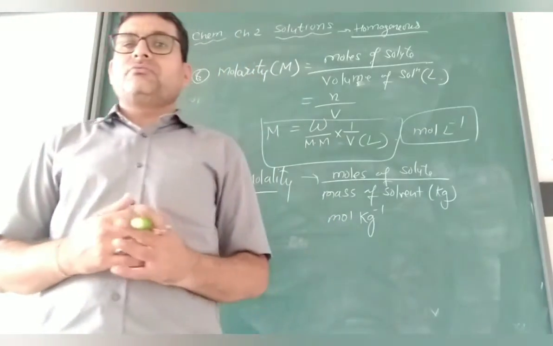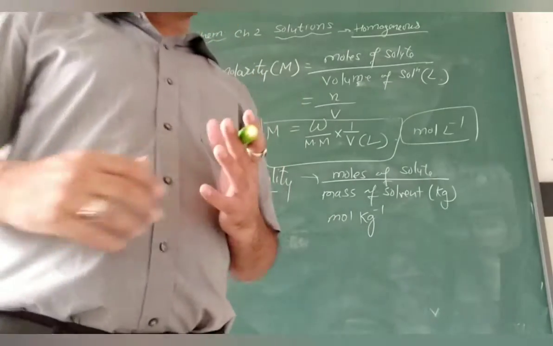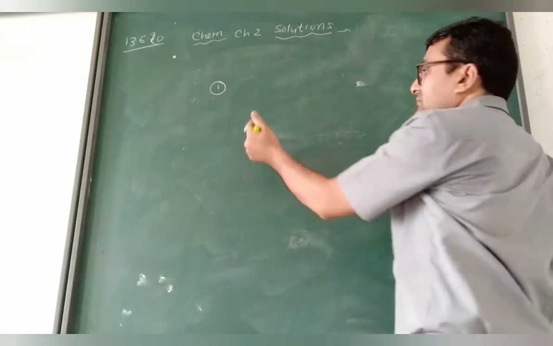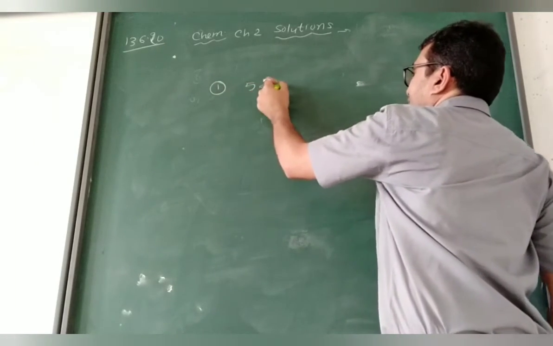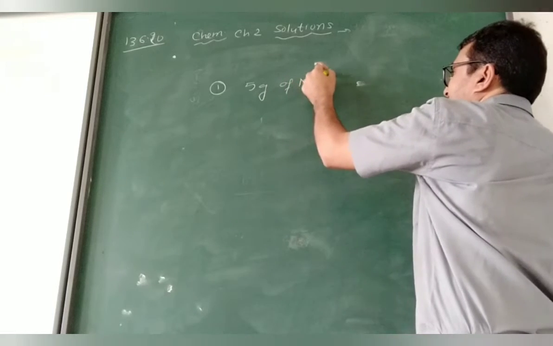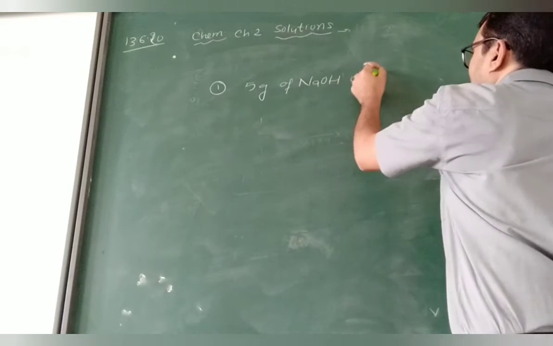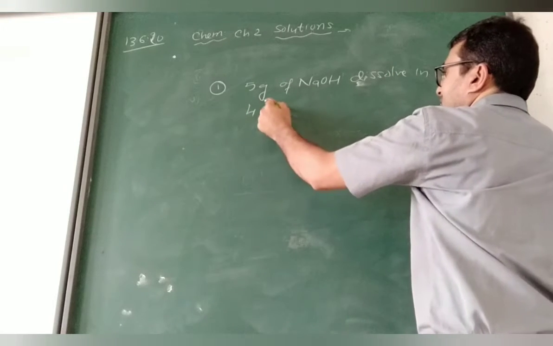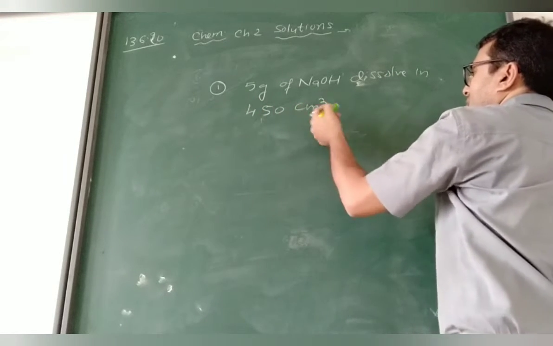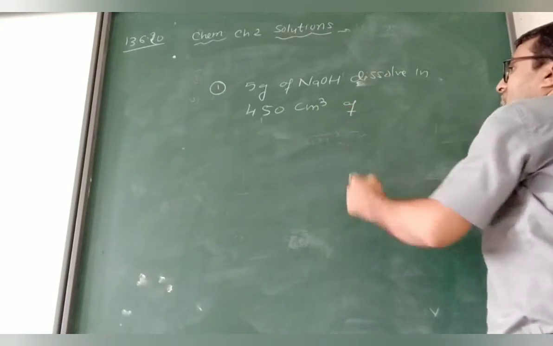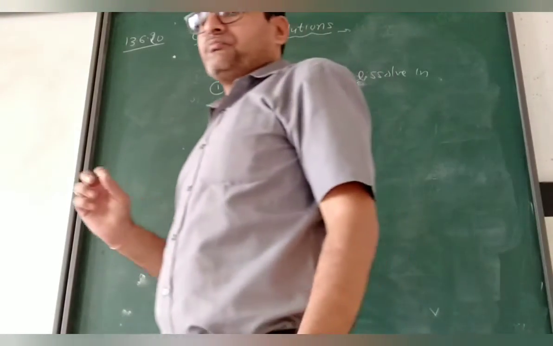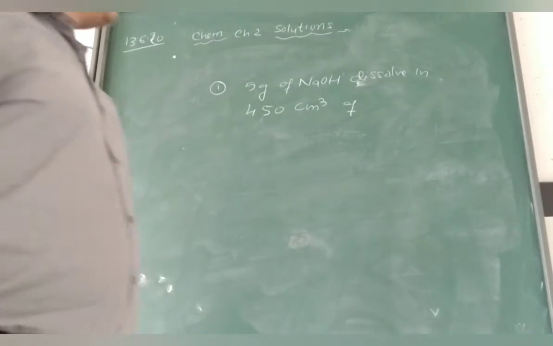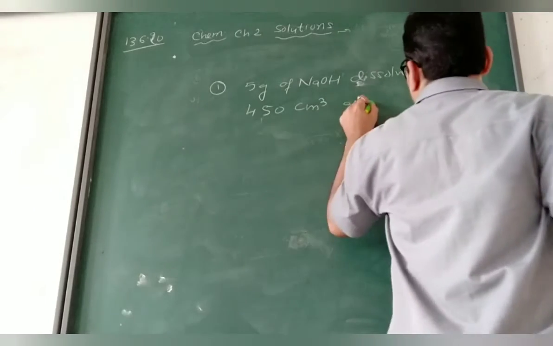Now based on this, we'll do the practice of some questions. Suppose it is given 5 gram of NaOH dissolved in 450 centimeter cube of volume or 450 ml of NaOH solution.